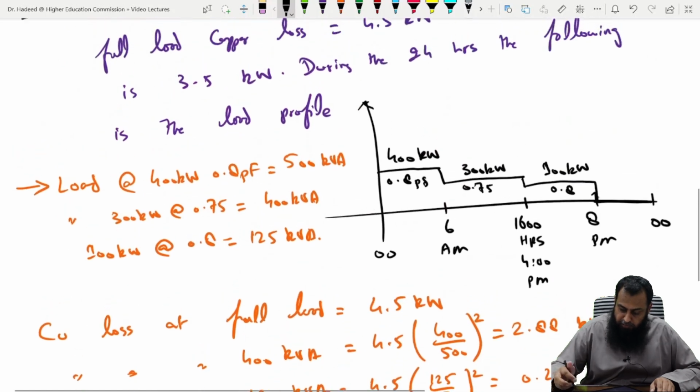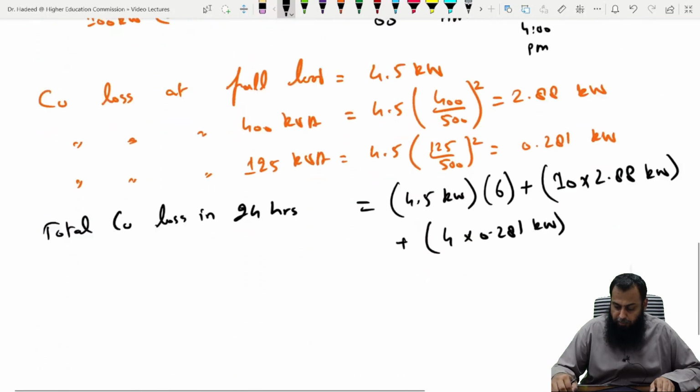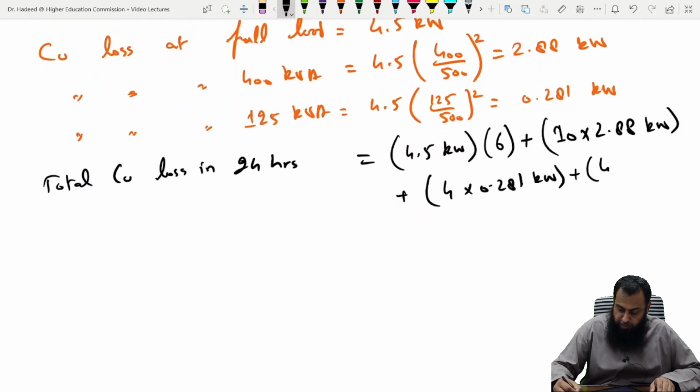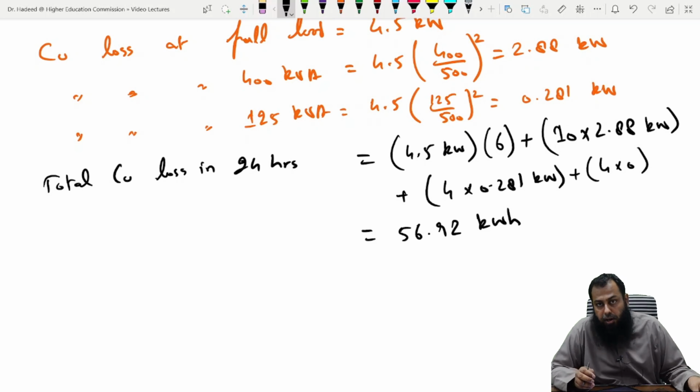And because there is no load in this last period, the copper loss is 0, so we just write 4 into 0. This gives me a total of 56.92 kilowatt hour as the total copper losses in 24 hours.